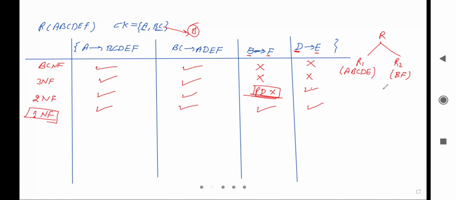So tell me, is it lossless join decomposition or lossy join decomposition?